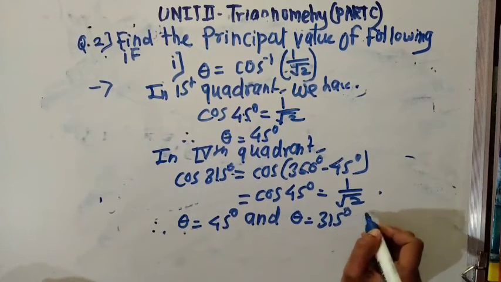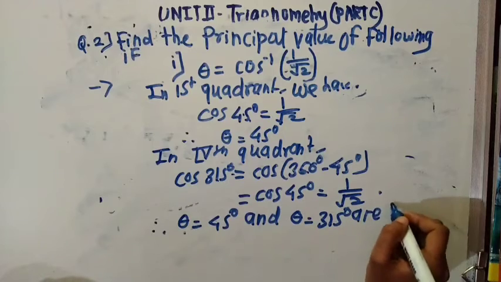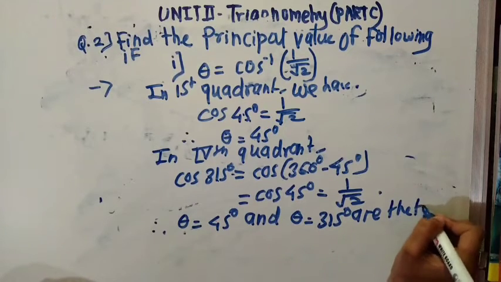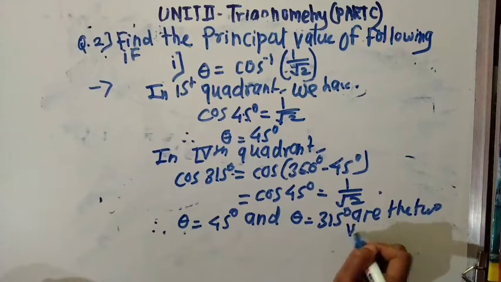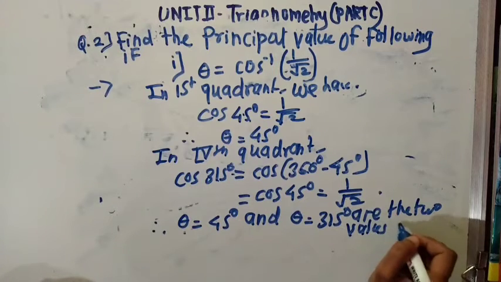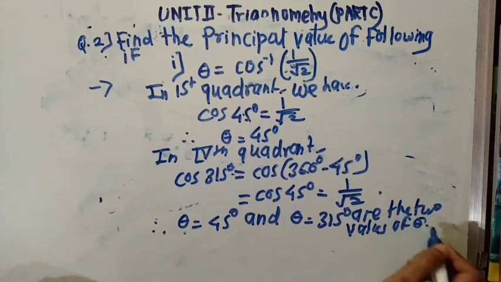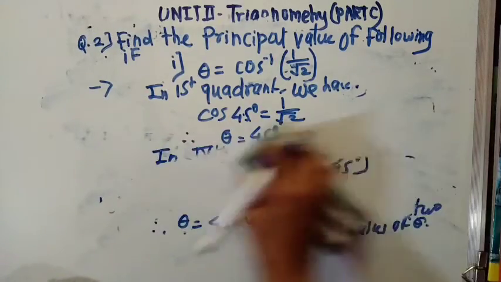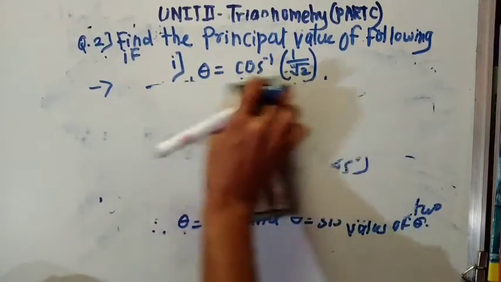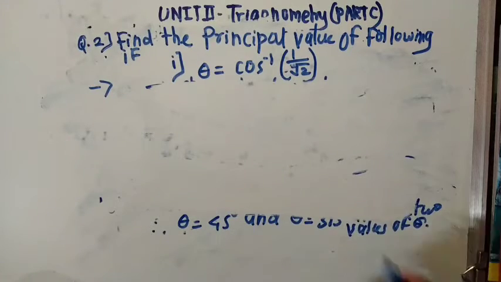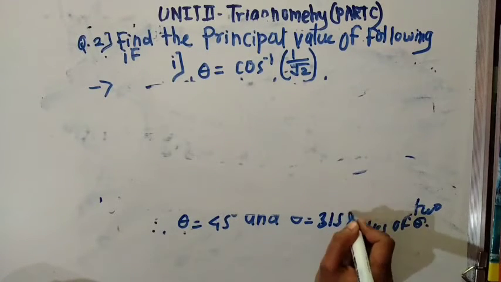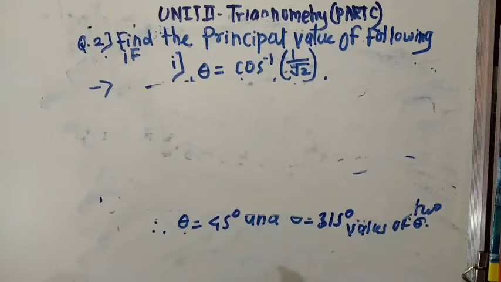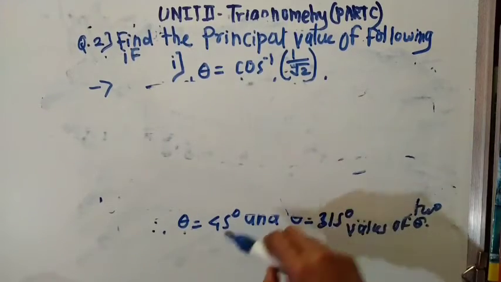ते दोन व्हॅल्यू मिळाल्या, these are the two values of theta, but principal value is the smallest value. Hence theta काय येणार? Hence theta is equal to smallest value, 45 degree.